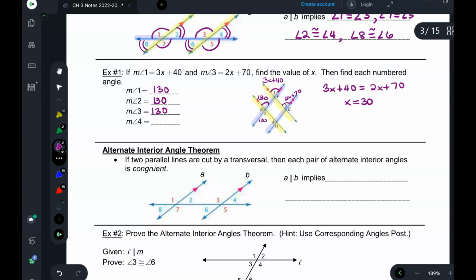So angle 2 is 130. And then same thing here and here. This is 130. Therefore, if you look at angle 4 and 130, they make a linear pair. So angle 4 has to be 50 degrees.